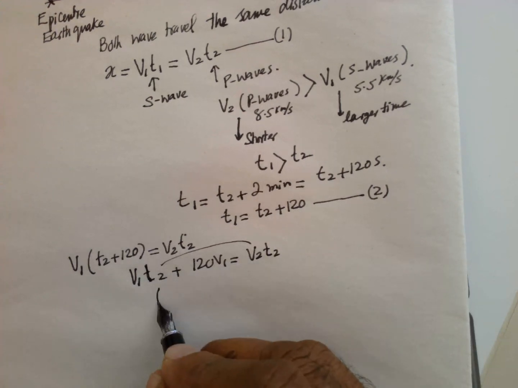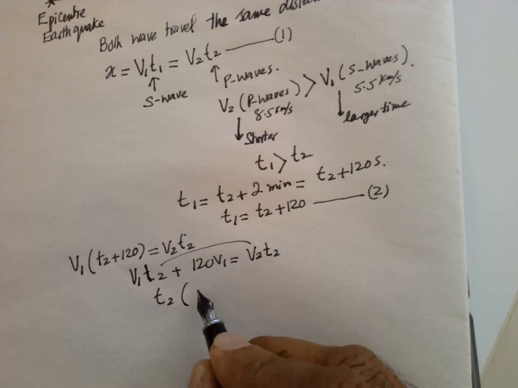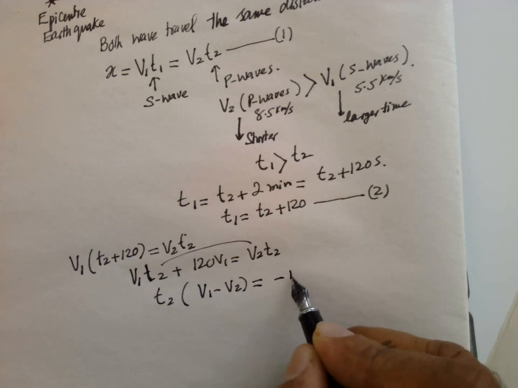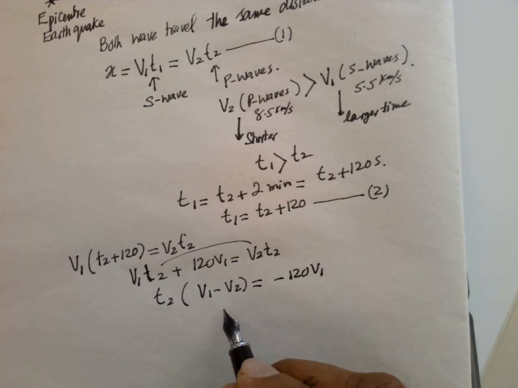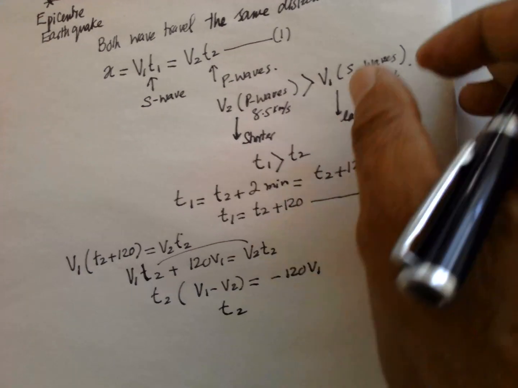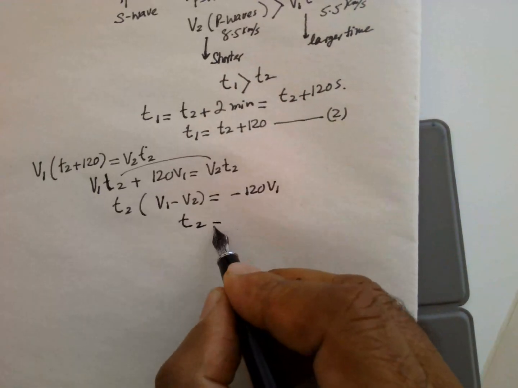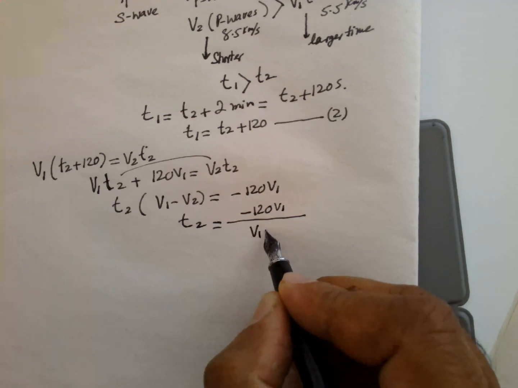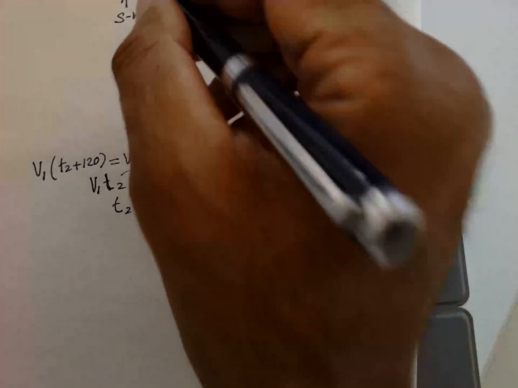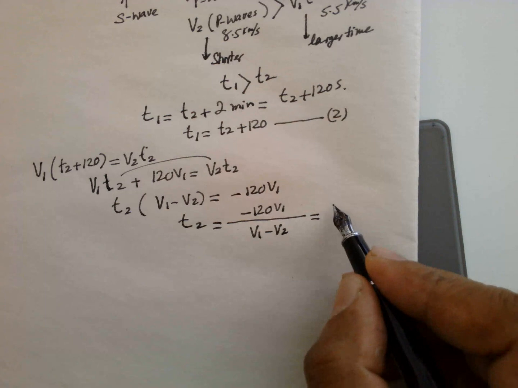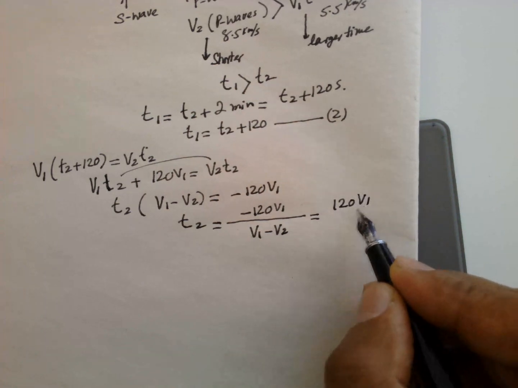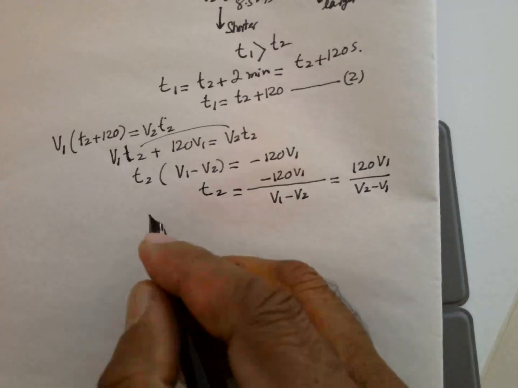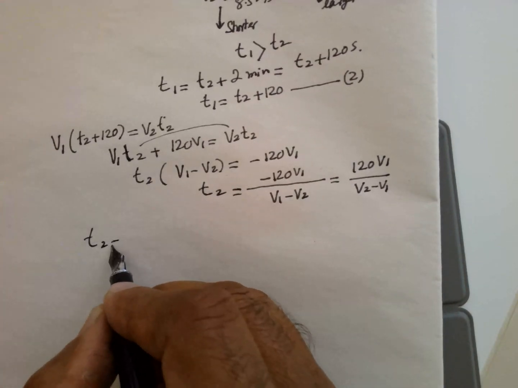T2 common: T2 times (V1 minus V2) is equal to minus 120 V1. So T2 is equal to minus 120 V1 over (V1 minus V2), but V2 is greater, so we can take the minus sign: 120 V1 over (V2 minus V1).